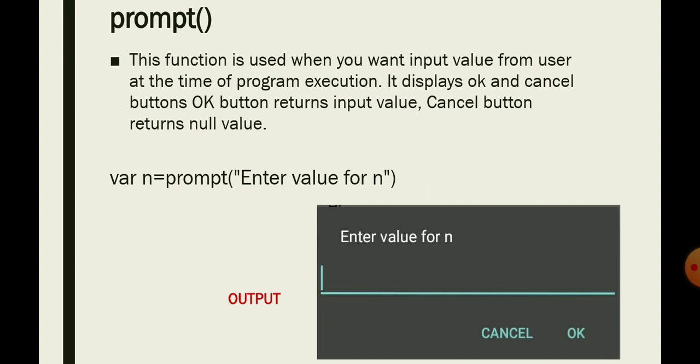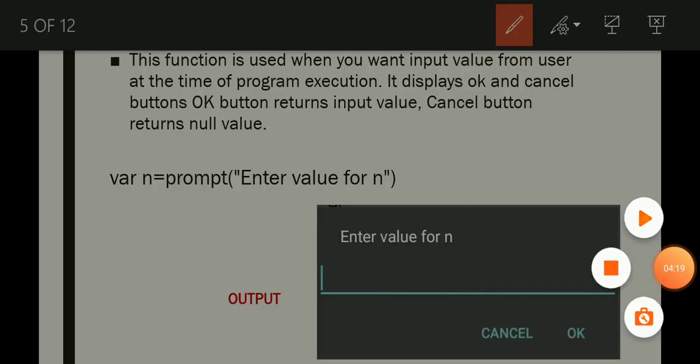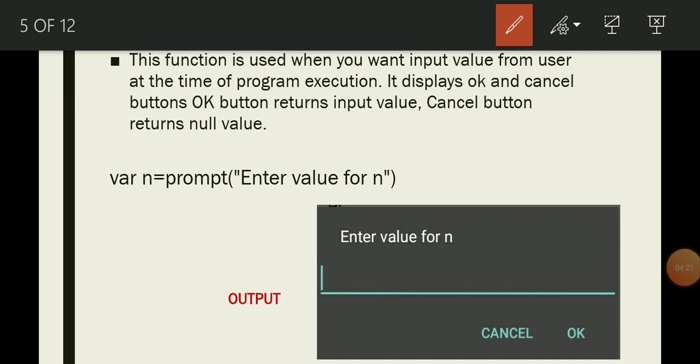Now we will see what is the use of the prompt function. Prompt is used to take input from the user. Then in parentheses write a message to the user, so the user can understand what he or she has to do. So in this example, prompt is used and whatever you write in the parentheses in double quotes is displayed to the user.